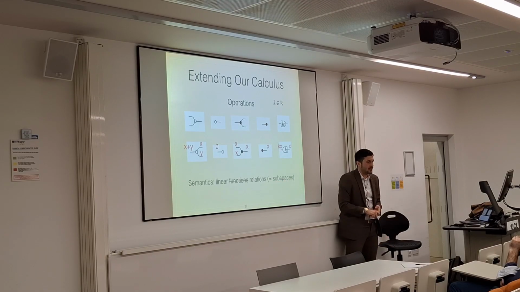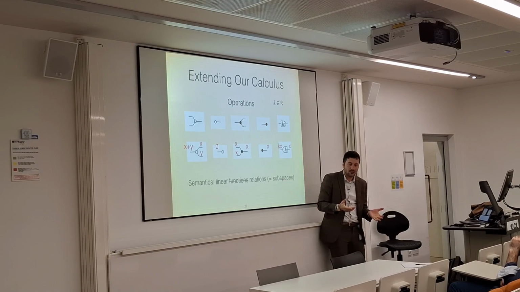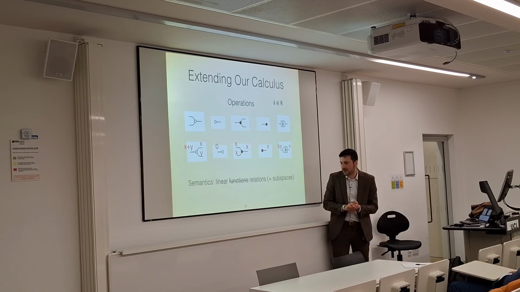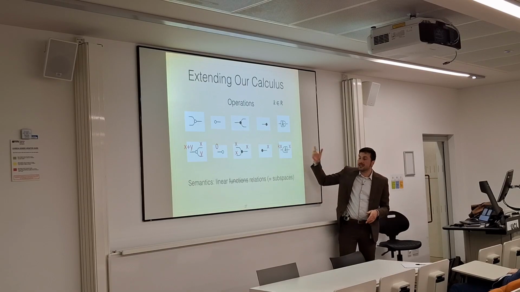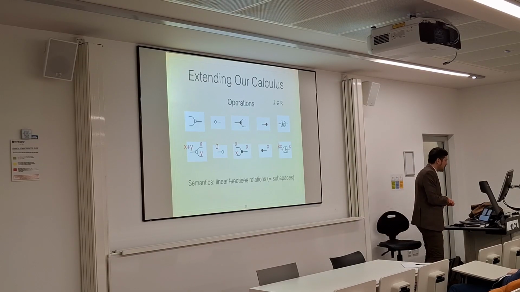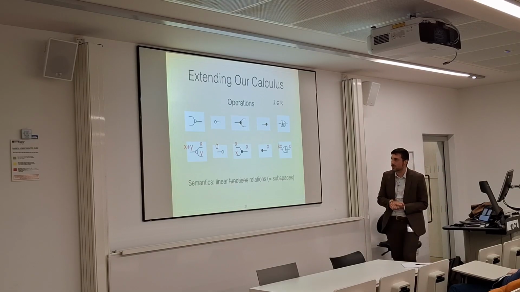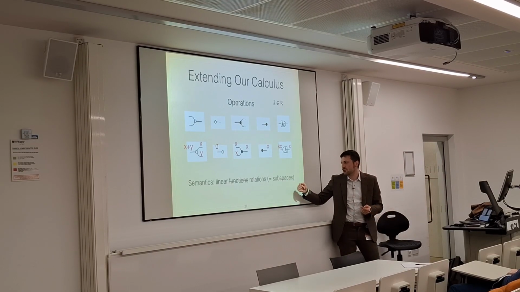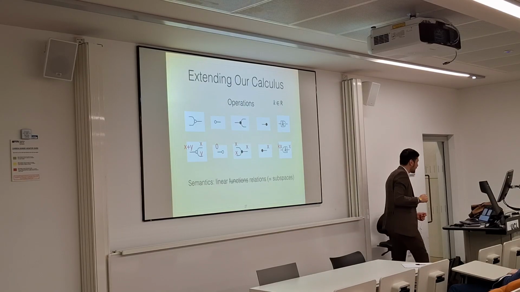What it means to be a linear relation is that you are a relation that is also a subspace. So it is closed under the addition and the scalar multiplication of the ring you're considering. Okay? So this is how the semantics works. So now our operations will not just mean linear maps, but linear relations or subspaces if you prefer.